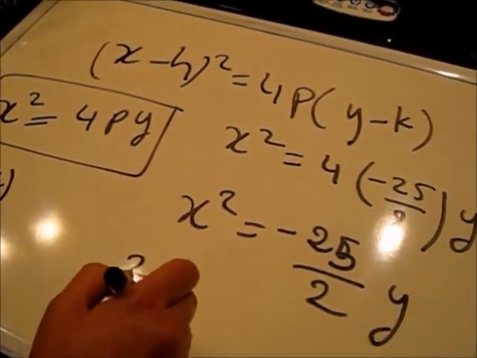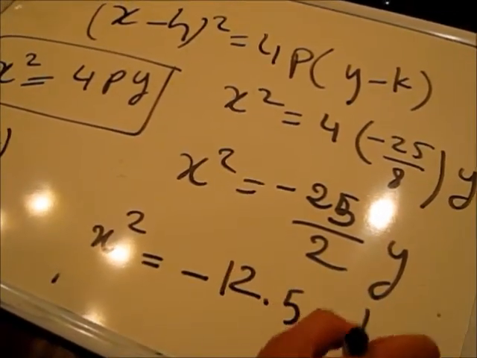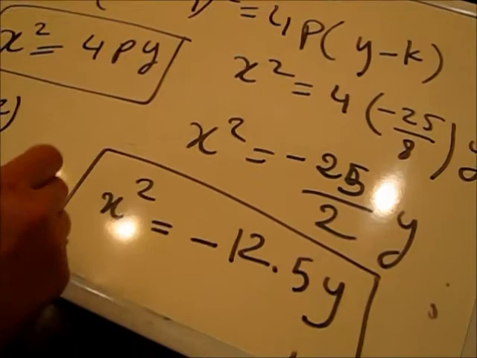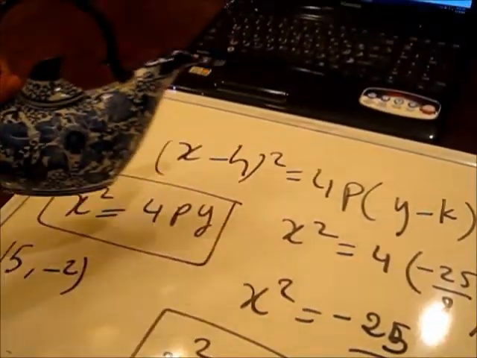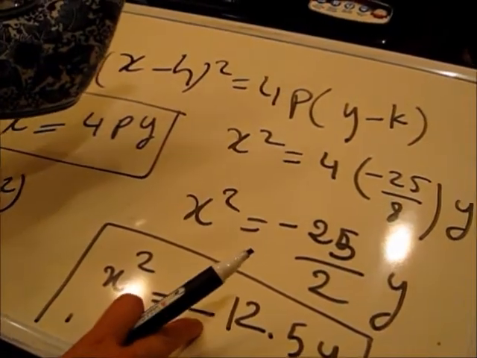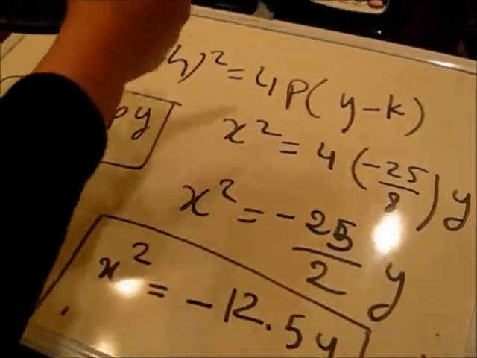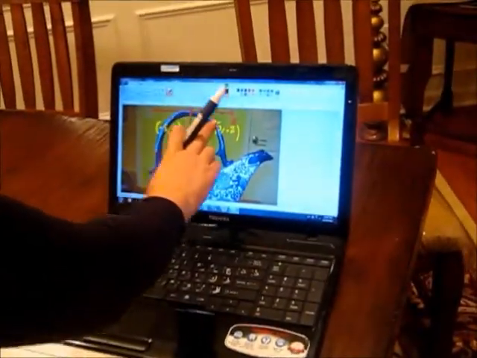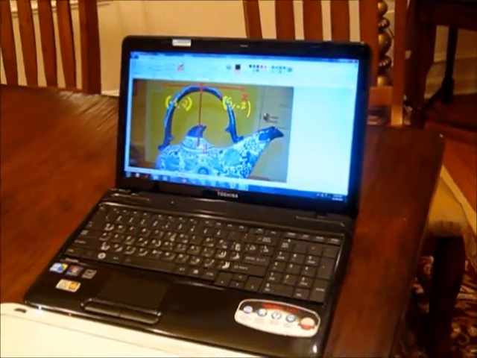Again, this is -12.5y, and actually this is the final equation of this T-bar handle parabola shape. As you notice, it's negative because our p value is negative, and as you can see over here, the parabola goes down, and that's why we have a negative p.